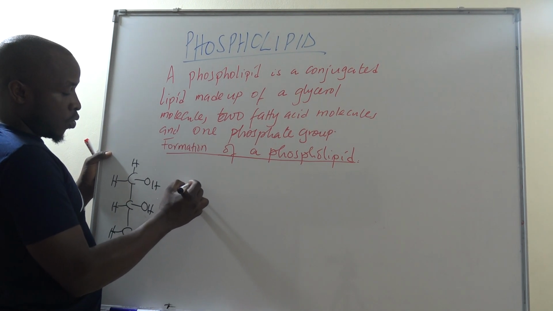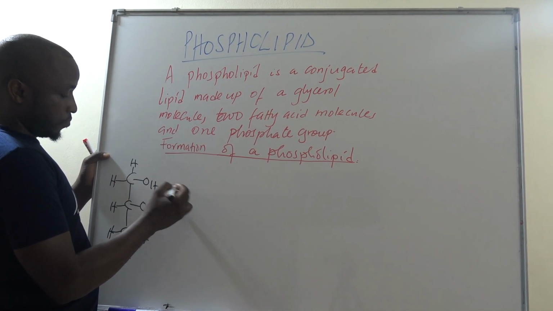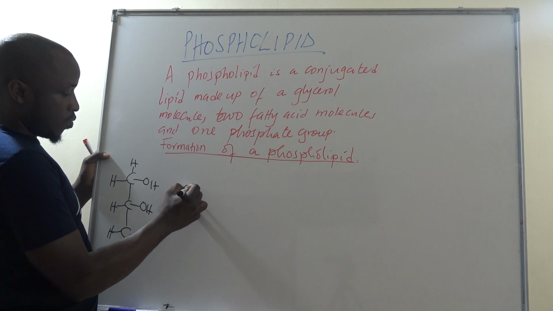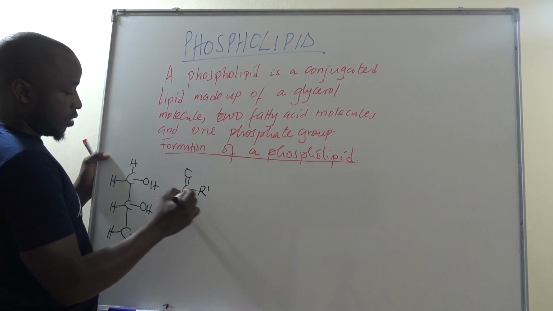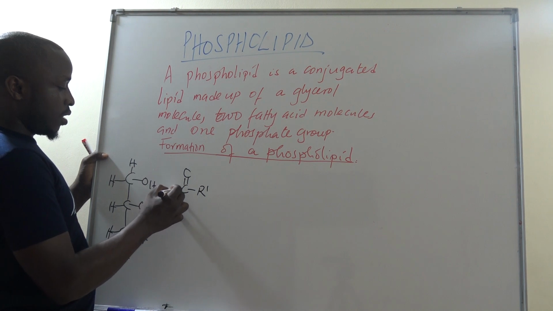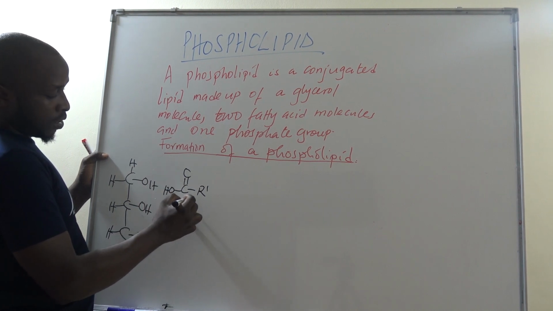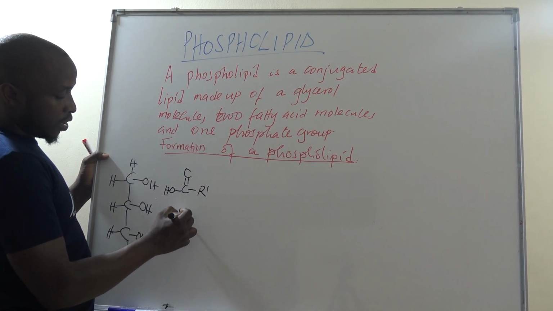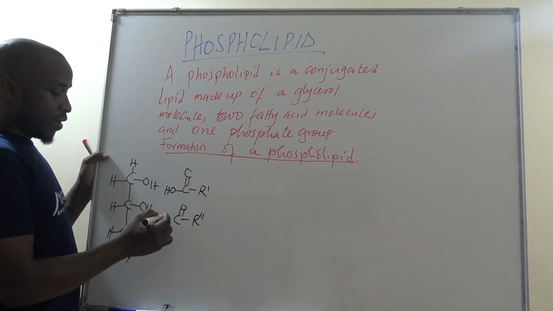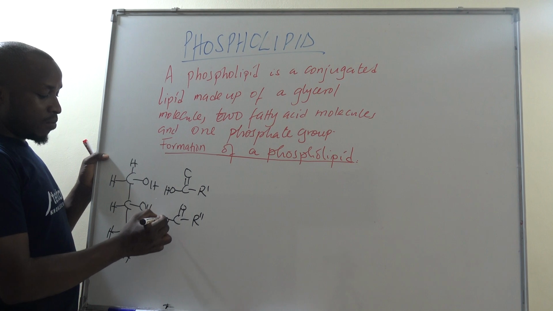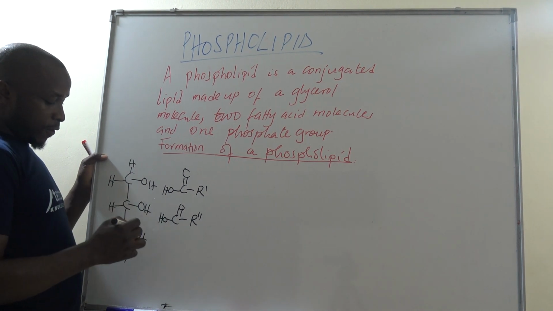with one fatty acid, two fatty acids. One fatty acid is here, and then our OH here. This second fatty acid can be different from the first, or they can be the same, as we have been seeing.